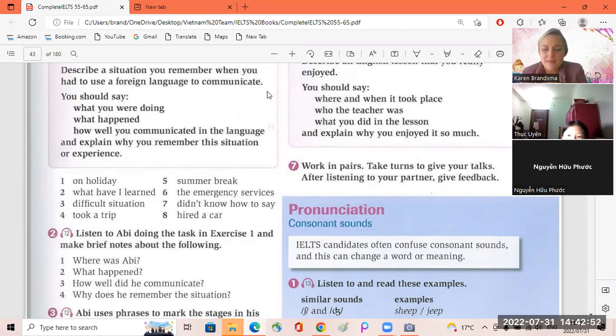The car stopped in the road. Okay. Yes, and we had to call the emergency services to help us. Okay, that's perfect. That's good.